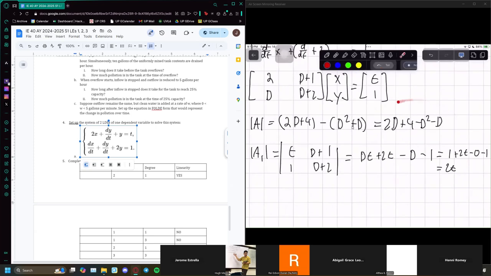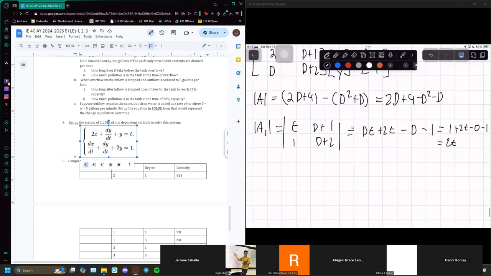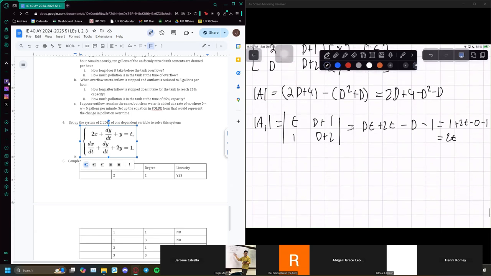For this case, we don't do it. I'm not sure about the exact reasoning, but basically we need to preserve the d's there so that we can make our LDEs. Then A2: 2, d, dt, 2 minus dt, 2 minus 1, because d over dt of t is 1, plus 1.